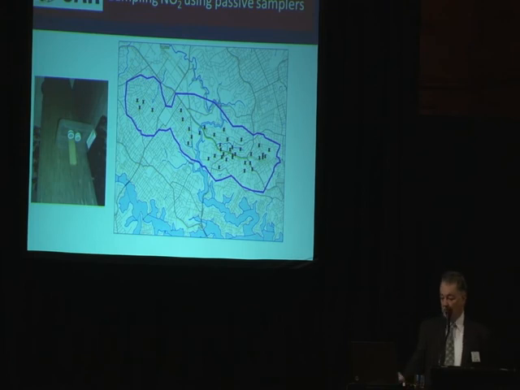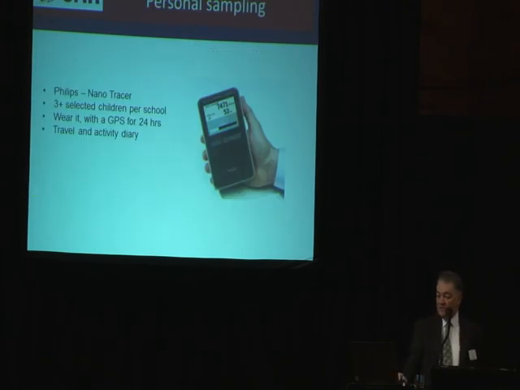And that allowed us to draw a much more accurate and precise estimate about what the nitrogen dioxide exposure was for individuals. The best way to do it, of course, is to get people to carry a personal sampler around with them, to actually wear a personal sampler, and wherever they go, it goes, and so it continuously monitors the air that they're breathing.